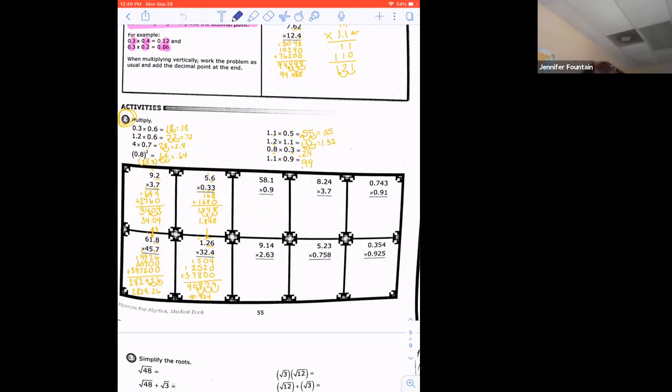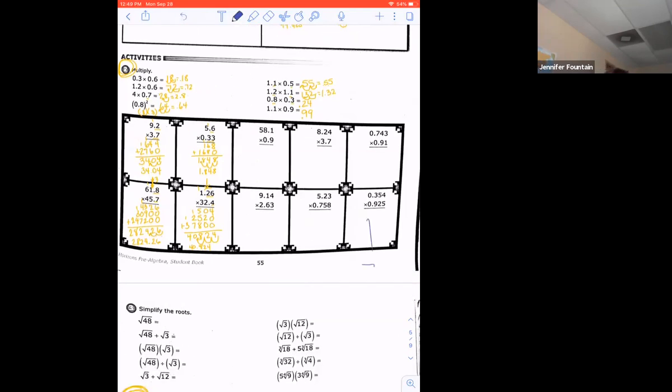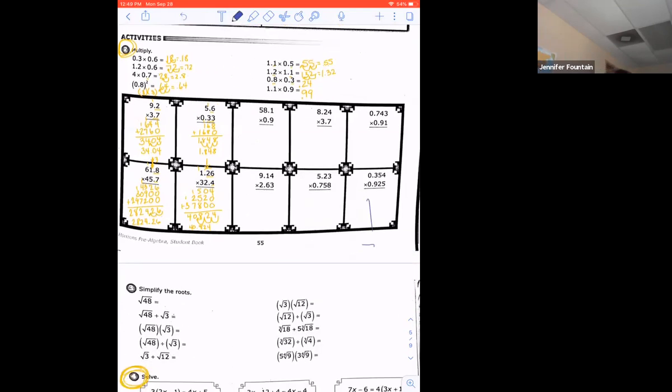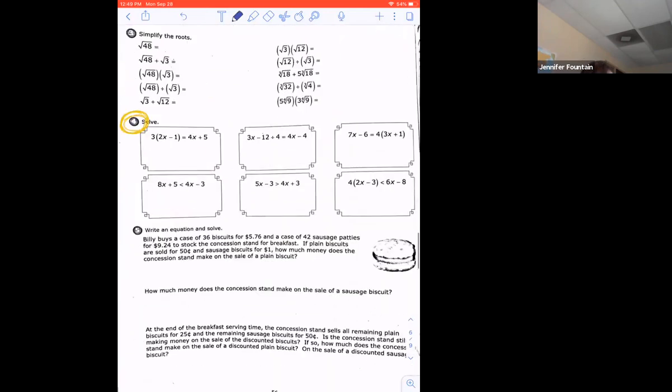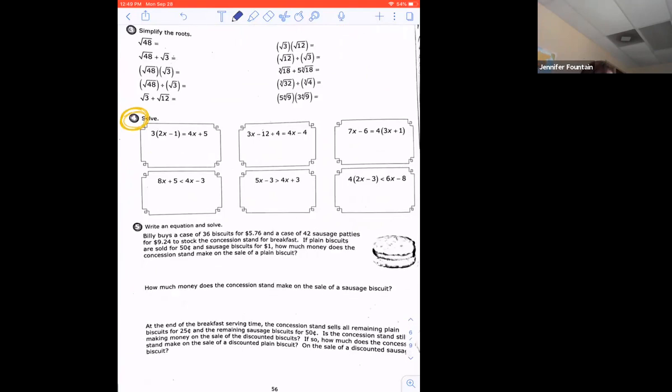All righty, now we will move on to activities 4 on page 56. Activities 4, we have to distribute first on this first one, and then solve, and you should have found that x is equal to 4. To 1, and then the third one on the top, and those.